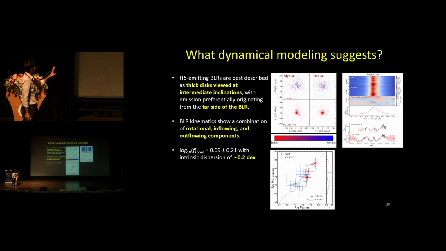Their geometry is completely different, even though they are AGNs, and we see there are different kinds of velocity structure here. Some are Keplerian rotations, which is mostly dominant in this case, but we still see the inflow and outflow components present here.